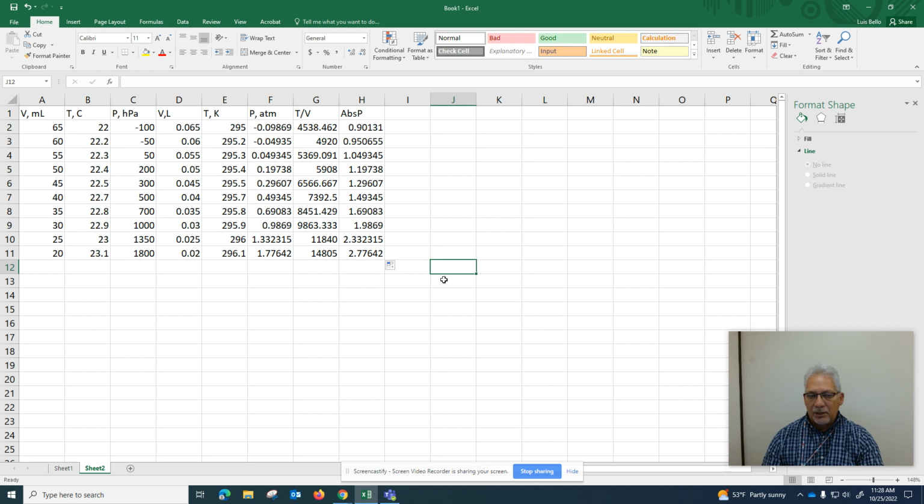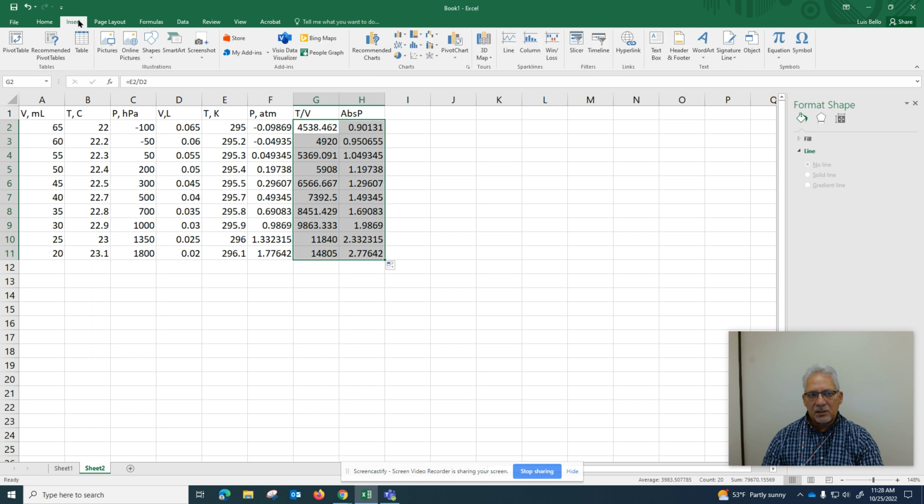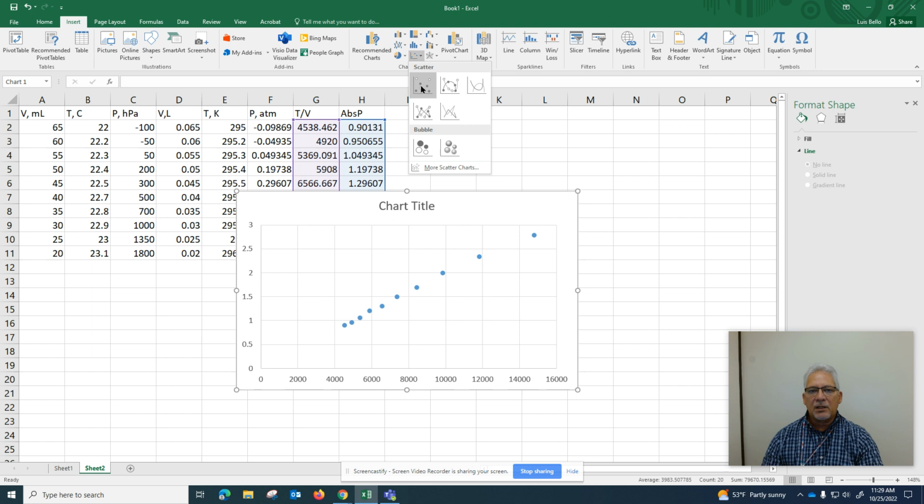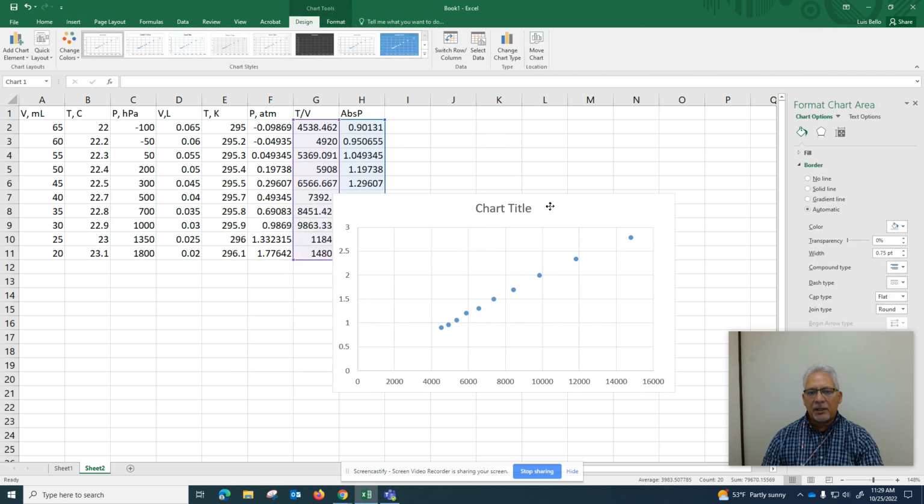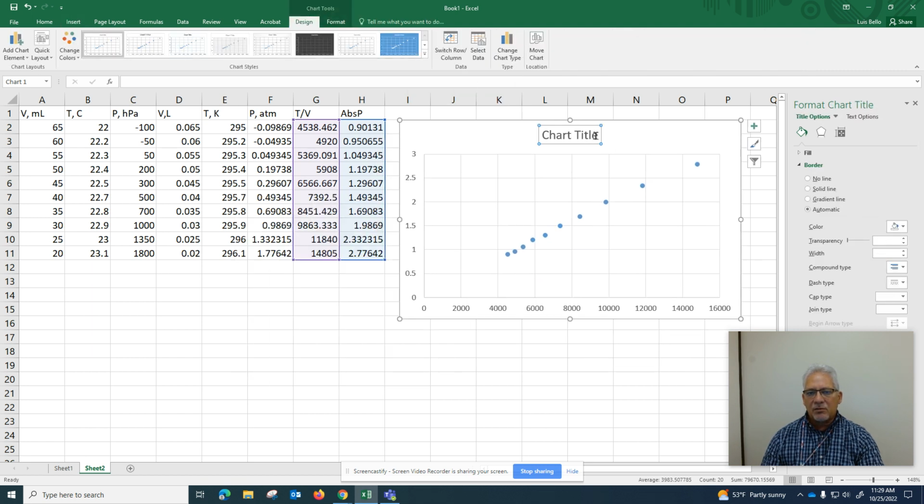The next thing will be doing the graph. You select the two columns, T over V versus P, which is the absolute pressure, then click on insert and select the graph called scatter XY. Click on this one and select point, and that will be my graph. You can also give a name to the graph and to the variables. That's more of a cosmetic thing, but it helps give a better presentation.